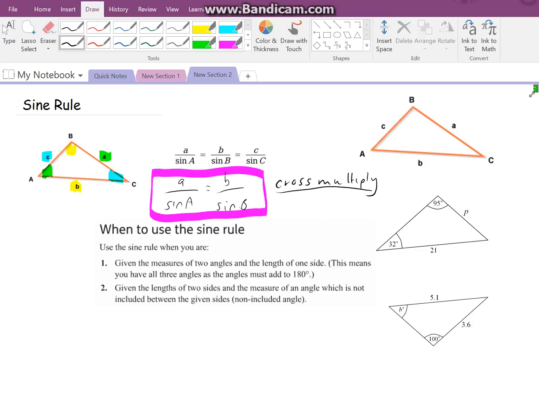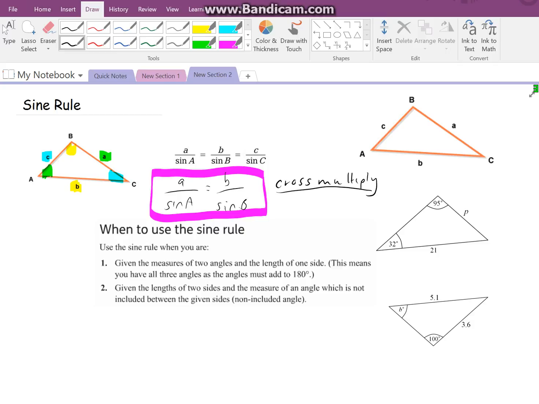That's just a small introduction. When do we use the sine rule? There are 2 different reasons why we use the sine rule. Of course, without stating it here, it obviously can't be a right angle triangle.